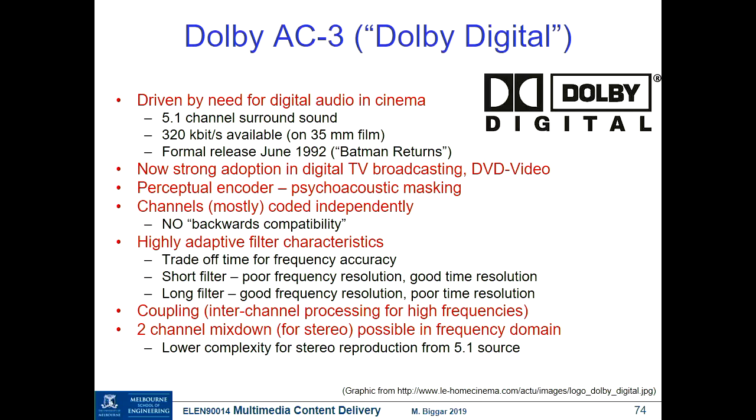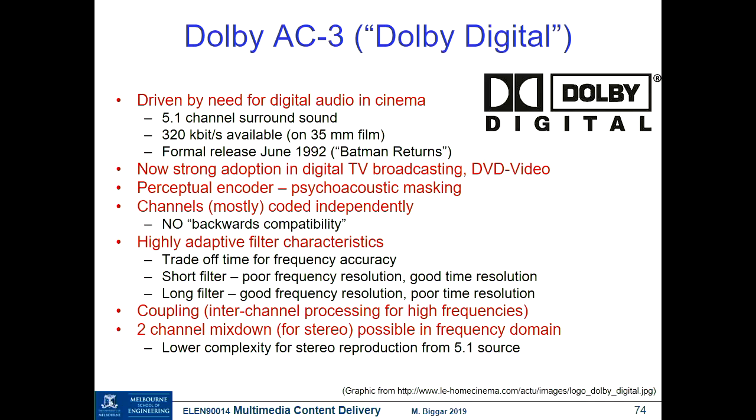One of the other reasons, from a practical point of view, why Dolby was highly successful is that it was quite easy to get a 2-channel version of their surround sound audio, because cinemas had been largely set up to support just stereo.